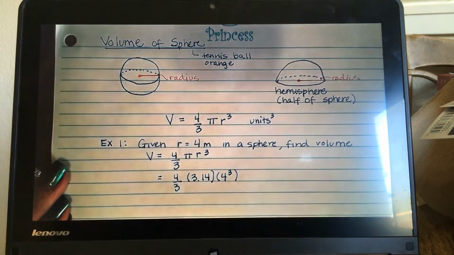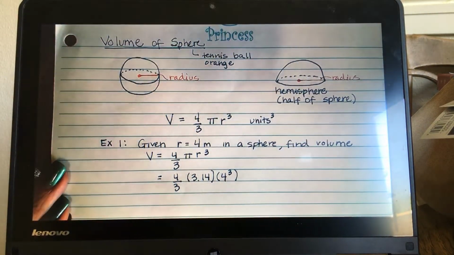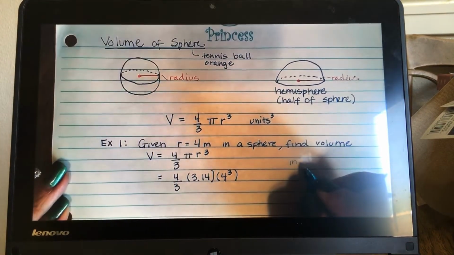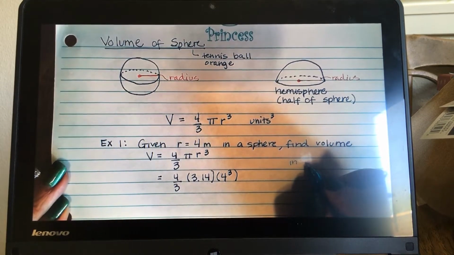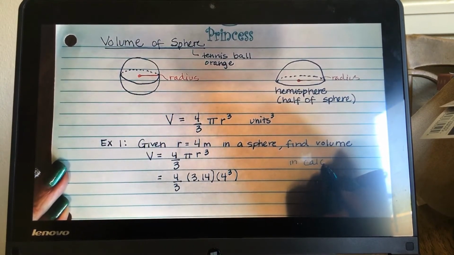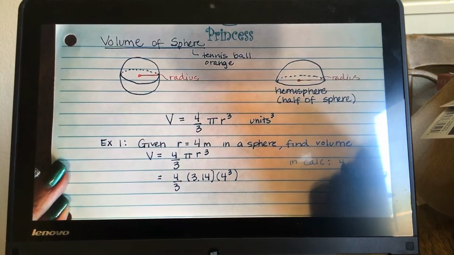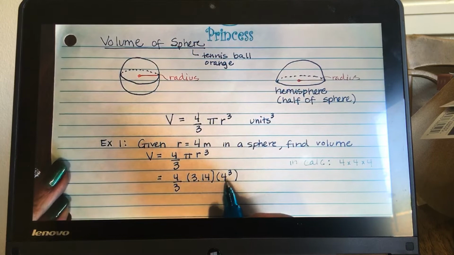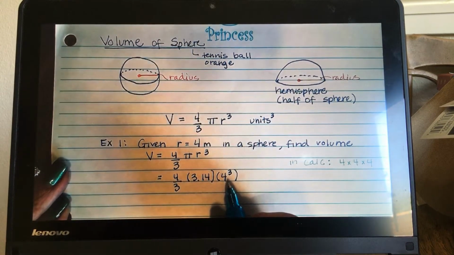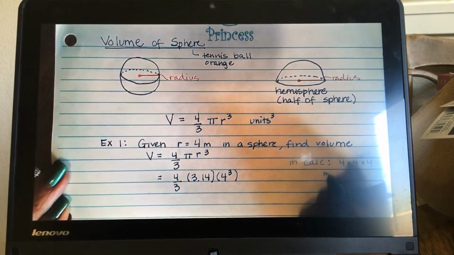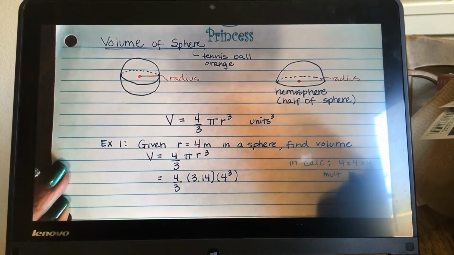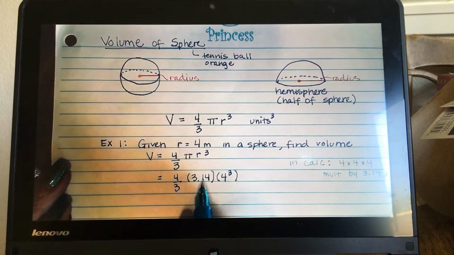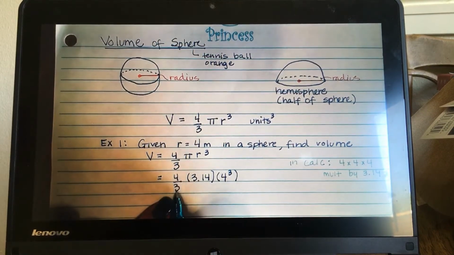We've got a fraction in here multiplied by some other numbers. The way I'm going to plug this into the calculator is: we're going to do 4 times 4 times 4. That'll be 4 cubed, because order of operations says we do exponents. Then I'm going to multiply that answer by 3.14 pi. Then I'm going to look at this fraction in 2 pieces.